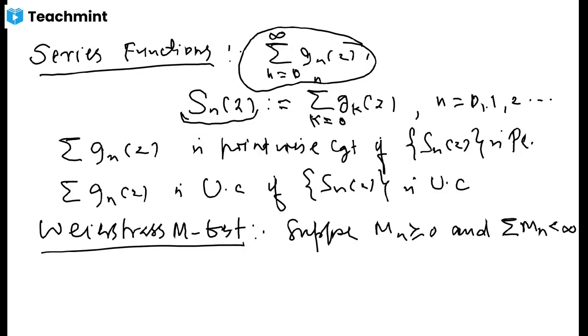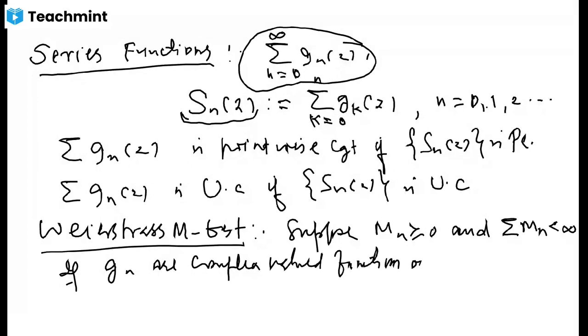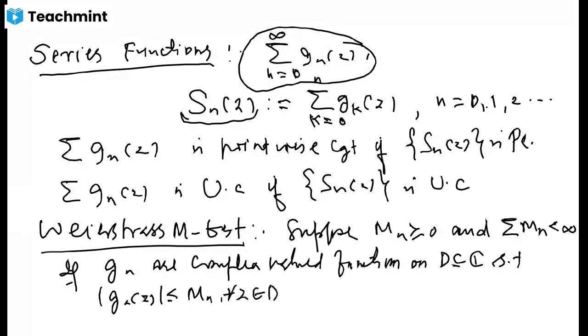Now, if g_n are complex valued functions defined on some set D in C, such that the modulus of each g_n(z) is less than or equal to M_n for all z in D, then the series of these functions is uniformly convergent on D.